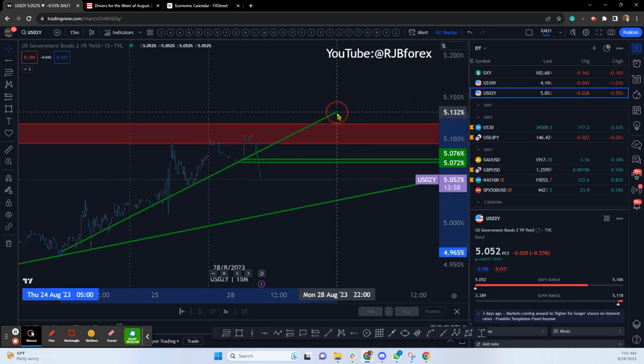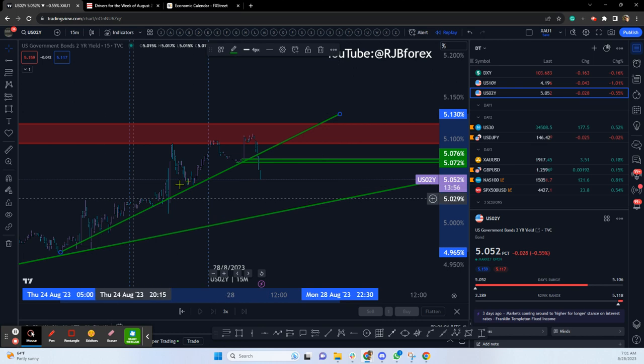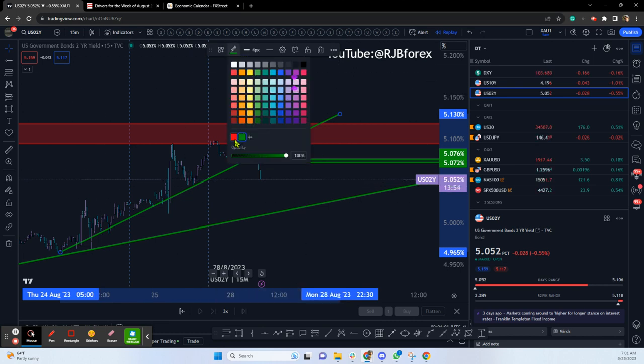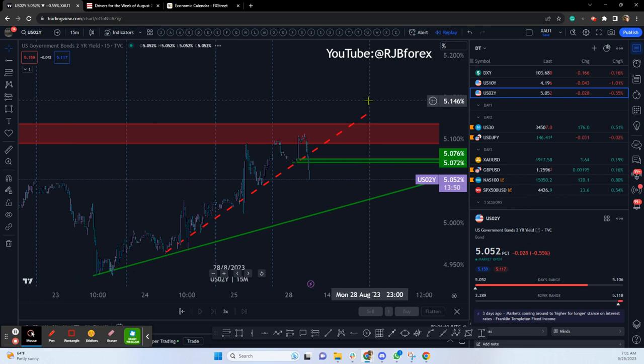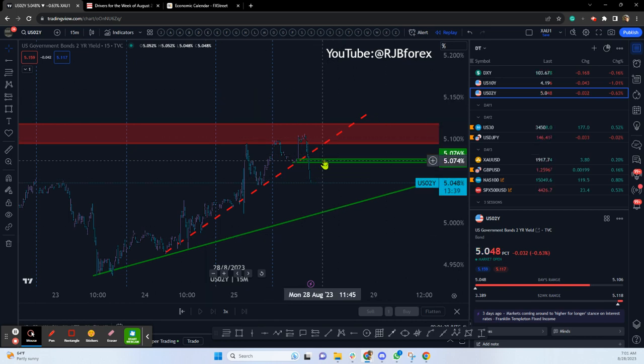So bearish. Now what we'd like to see is a move up ahead of the Wall Street Open, so that we can ride our trades lower or higher, whatever you're in, against the US dollar. Okay, so see how that pans out.